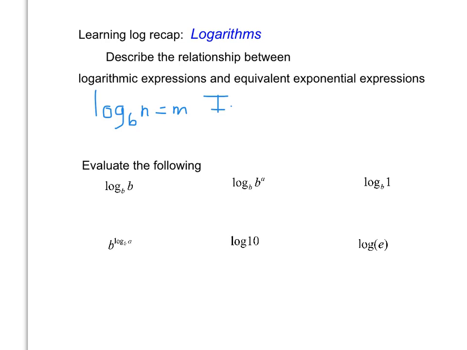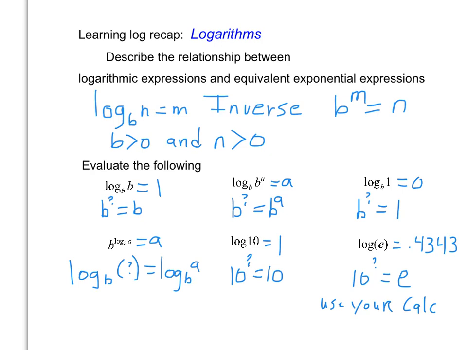Its inverse is b to the m equaling n, where b has to be greater than 0 and n has to be greater than 0. Using this property, I'd like you to evaluate the following. Pause this, come back, and check your answers.